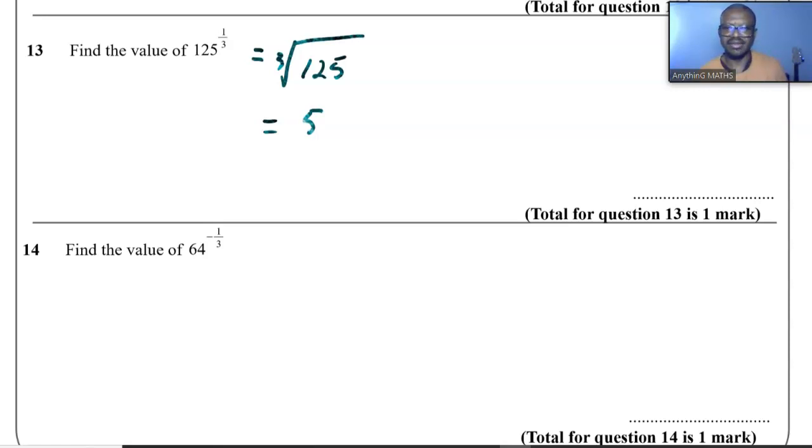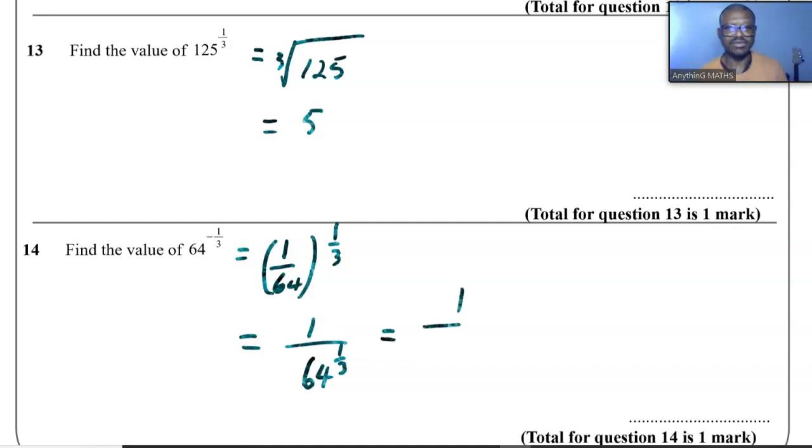The second, find the value of 64 raised to the power of negative 1/3. By the law of indices, we can write this as 1 over 64 raised to the power positive 1/3.